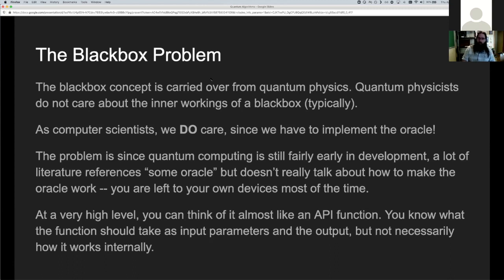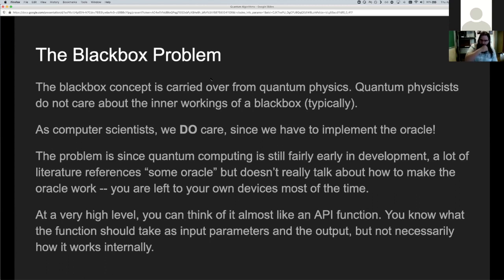If you look through some oracle-based algorithms, the literature references some oracle or black box, and says here's what it does, but how does it do it? I have no clue. That's what the literature always says. So you're left to your own devices a lot of the time, which is fun and frustrating at the same time, because they spend all this time talking about the application, but how it actually works is kind of clueless.